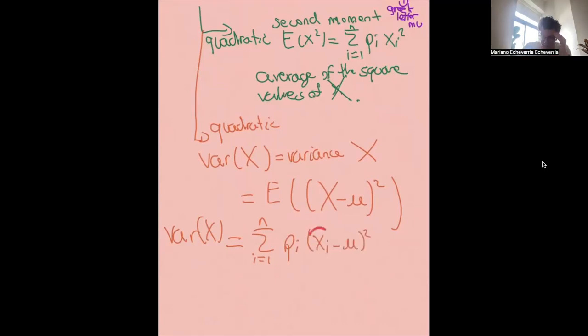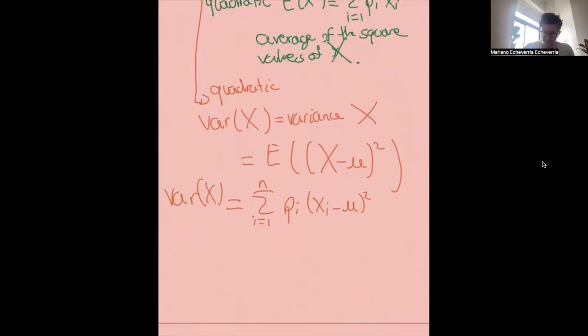So again, this is measuring how much each value differs from the average value, right? That's a deviation or error, how far away you are from the average value. You square that quantity, and then you do the weighted average.